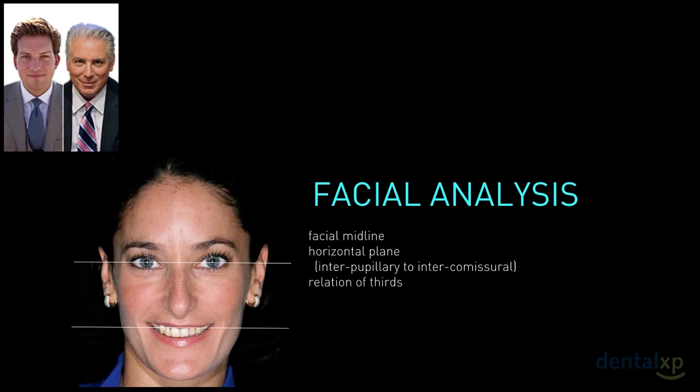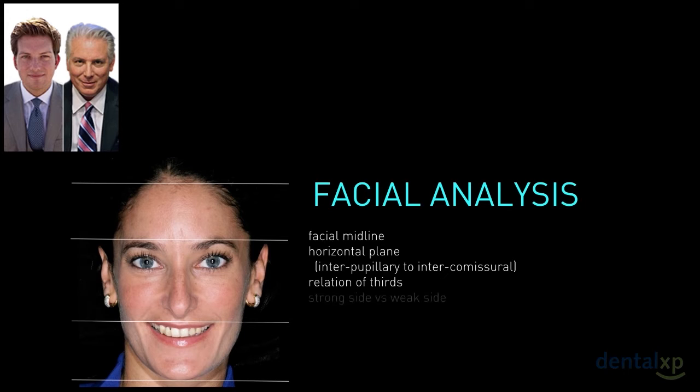Next, we're going to look quickly at the relation of thirds of the patient's face. We're really controlling the lower third of the face to try and figure out what we need to do dentally in order to harmonize that lower third of the face.